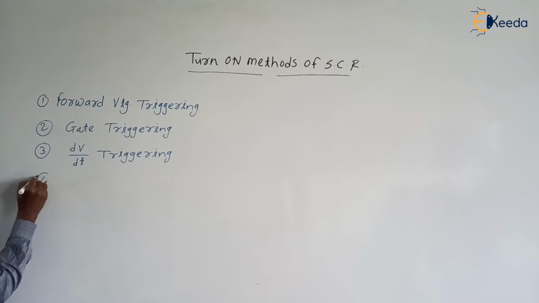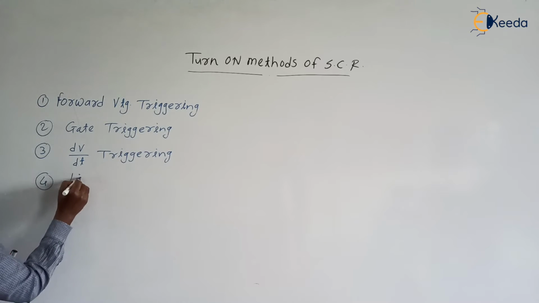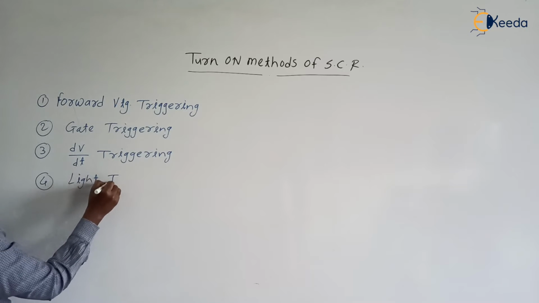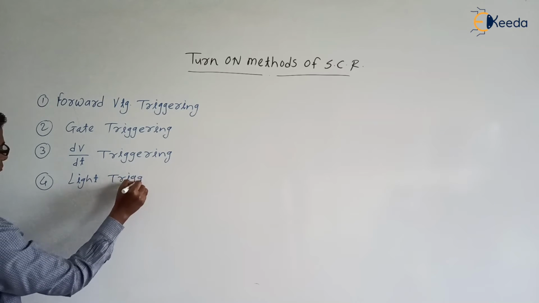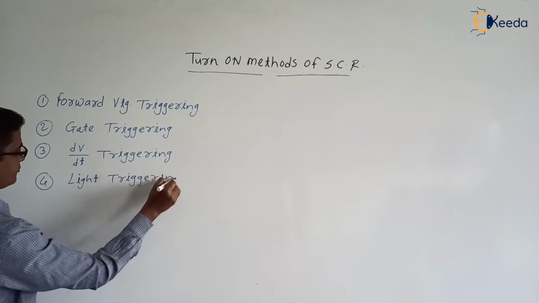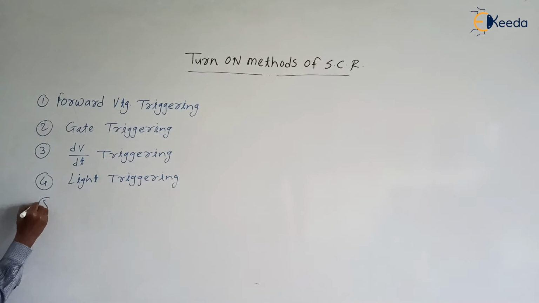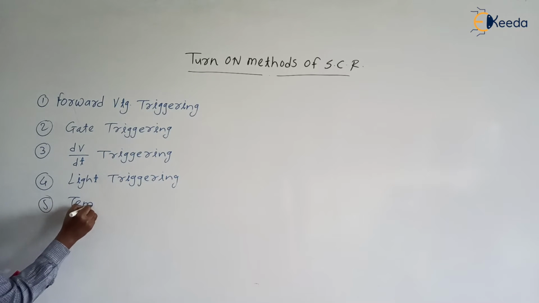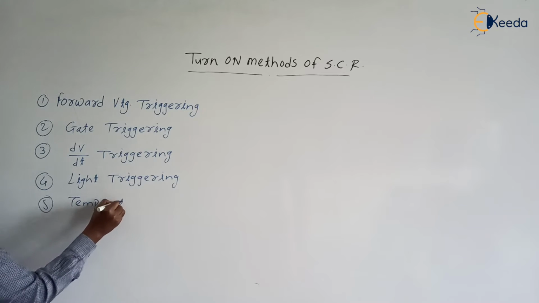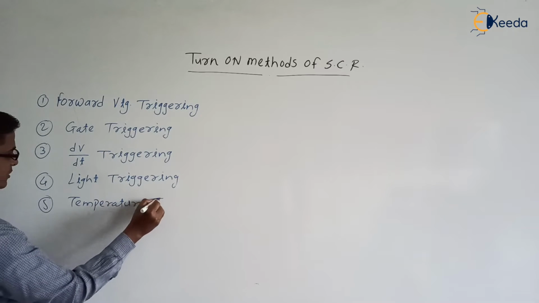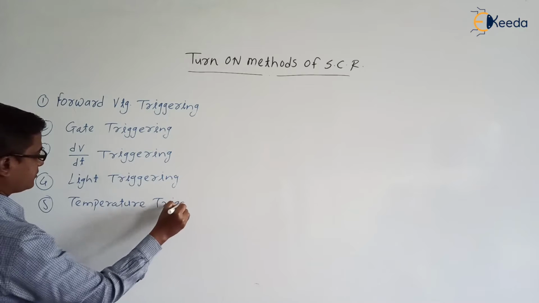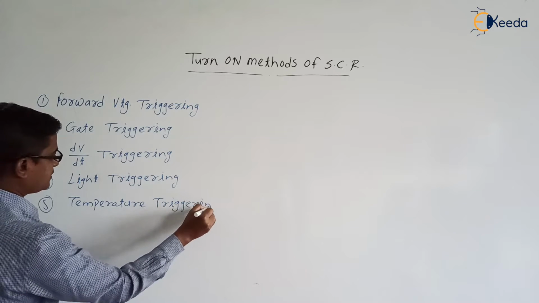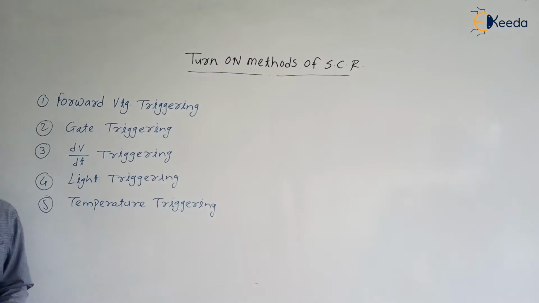The fourth one, light triggering. And fifth one, temperature triggering. These are the 5 methods of triggering of a silicon controlled rectifier.